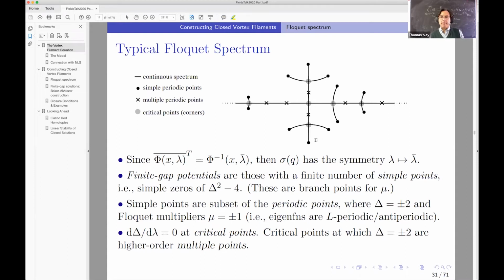So at places where d delta d lambda is 0, those are these corners where branches come off of other branches of the Floquet spectrum. So I've indicated by a gray dot these critical points, and they are, well, critical for making closed solutions to the vortex filament equation.